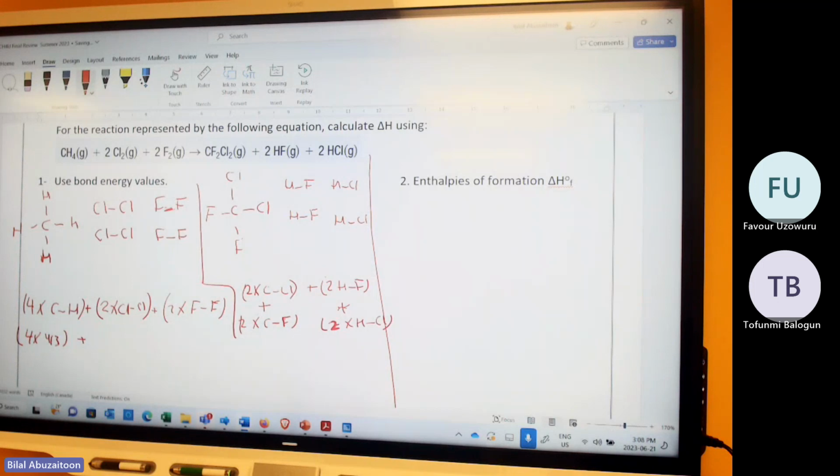Cl-Cl is 239, so 2 times 239, plus 154 for the fluorine.